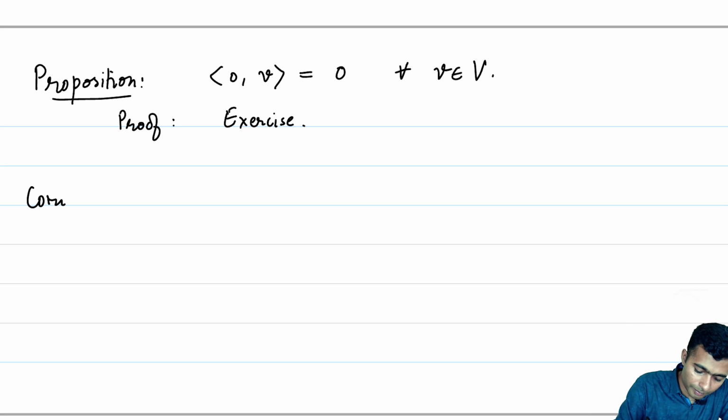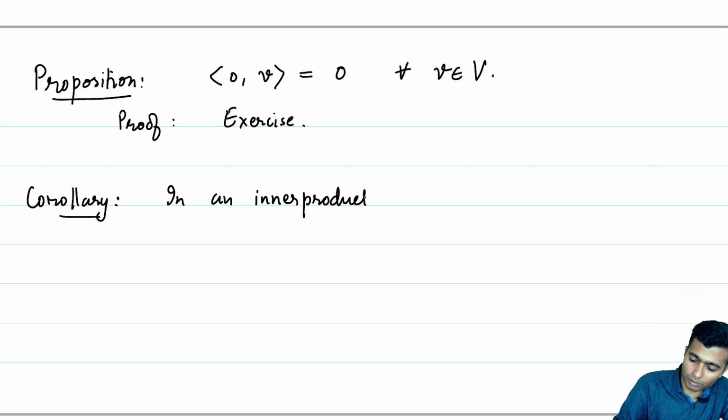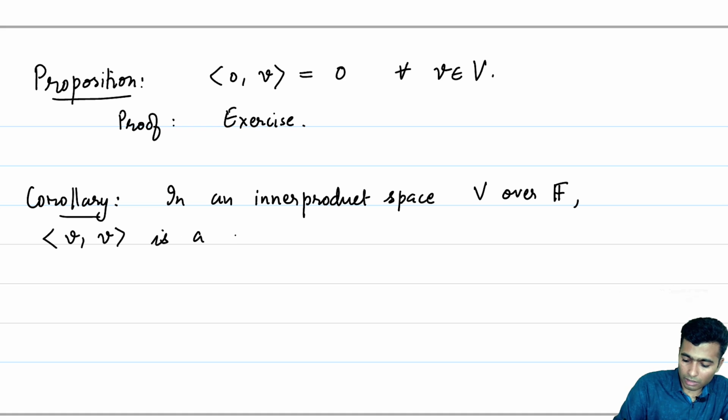Corollary: in an inner product space V over F, the inner product of V with itself is a non-negative real number.